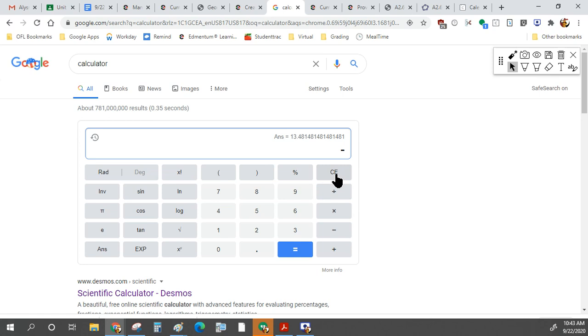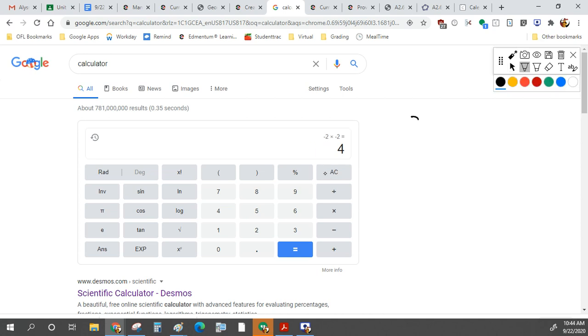-2 times -2. How many 2's did I use? -2 times -2. Okay. So far, I've used 2 2's. So I'm going to use this little hash mark, 2 2's.